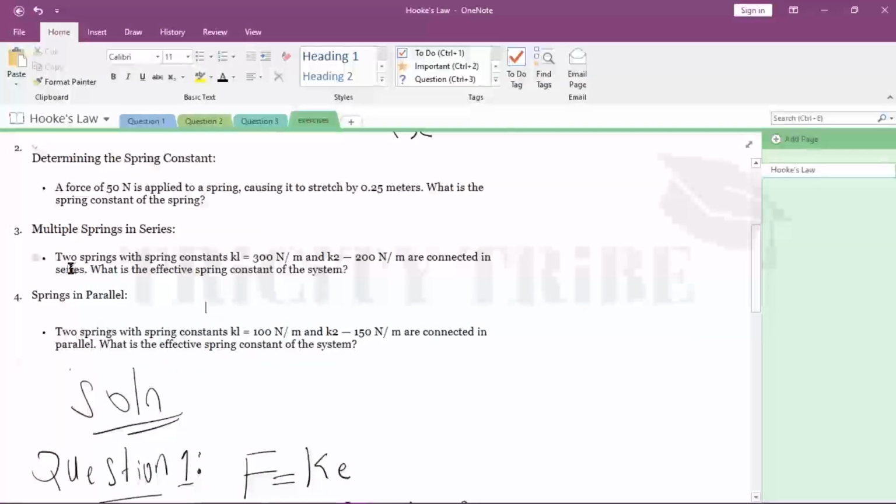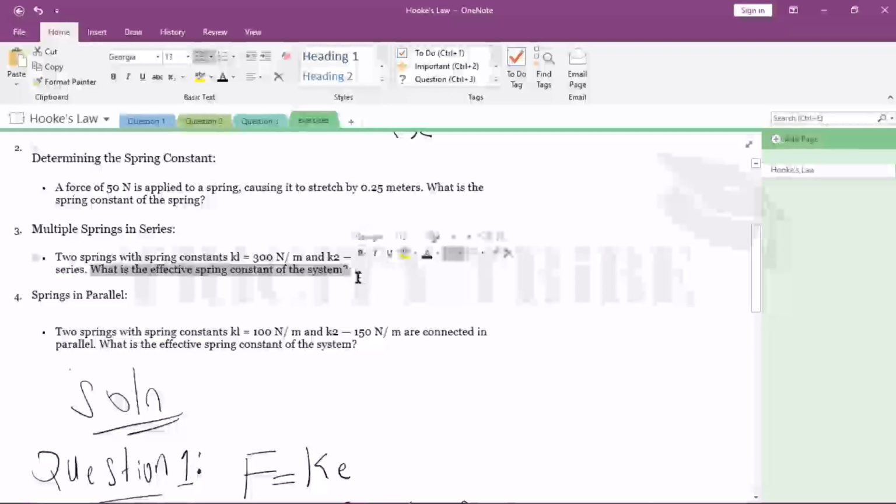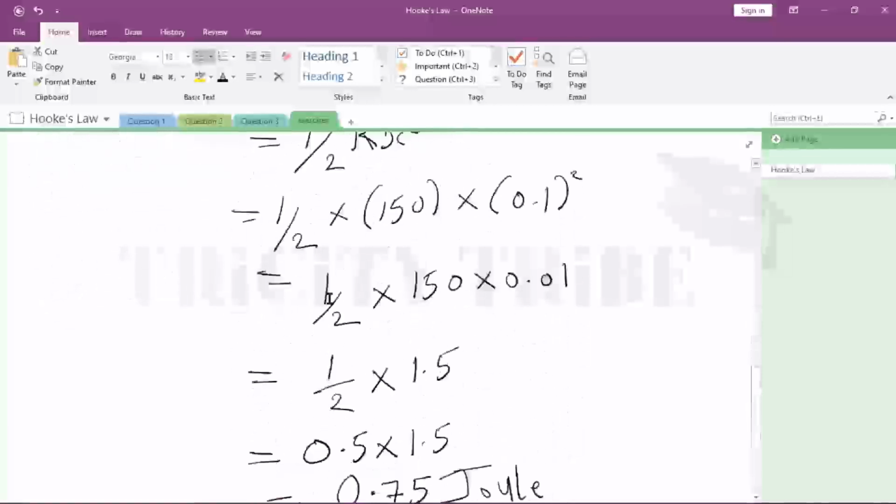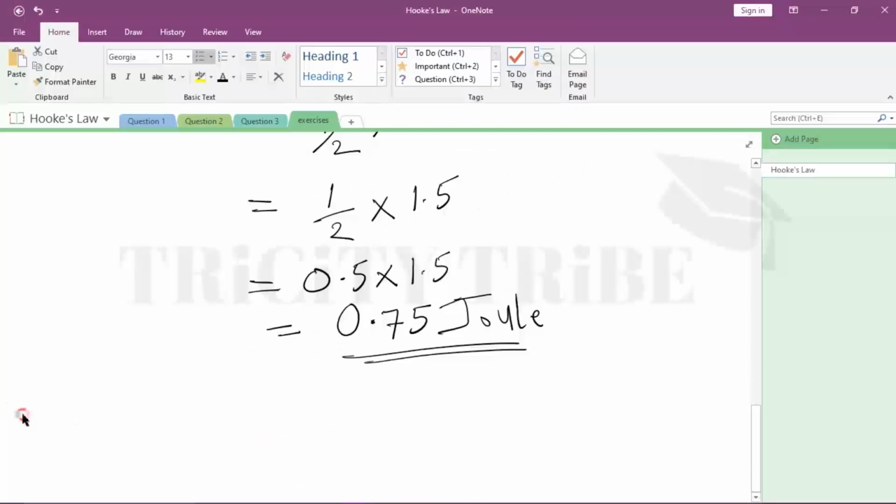Two springs with constants K1 is 300 Newton per meter and K2 is 200 Newton per meter are connected in series. What is the effective spring constant of the system? It's more like saying what is the total spring constant of the system. Let's get started. This is question 3.